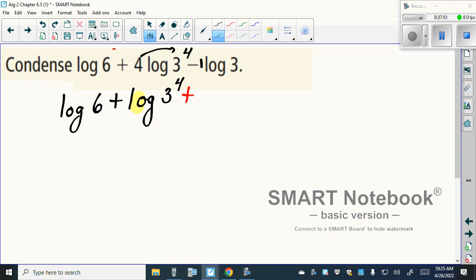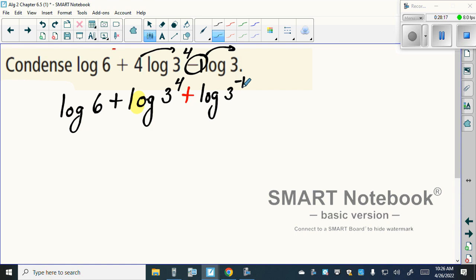Plus, because I'm going to treat this negative 1 as an exponent, plus log of 3 to the negative 1. If there is a number in front of that log with the negative, we'll take the negative and the number with it. So if it had been negative 2 log of 3, we would rewrite it as plus log of 3 to the negative 2.